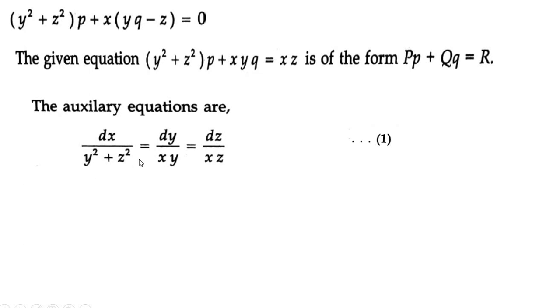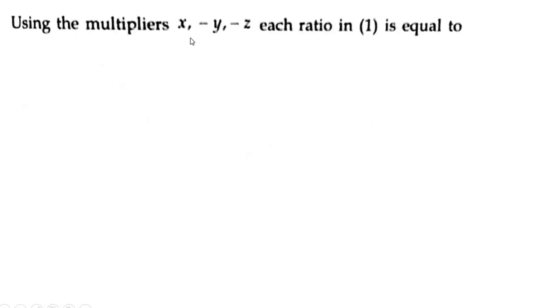When you multiply the first term with the x, you get x into y square plus x into z square. When you multiply this term with the y, you get x into y square. When you multiply this term with z, you get x into z square. When I find the ratio of it, none of the terms will get cancelled. So what I'll do is, I'll consider this as a plus x, and I'll consider the other two terms as minus y and minus z. So let me use the multipliers as x comma minus y comma minus z.